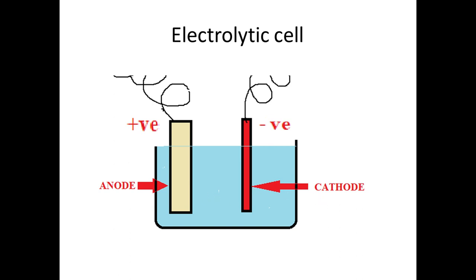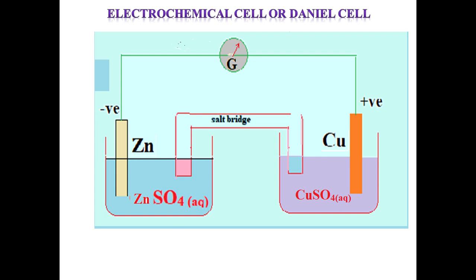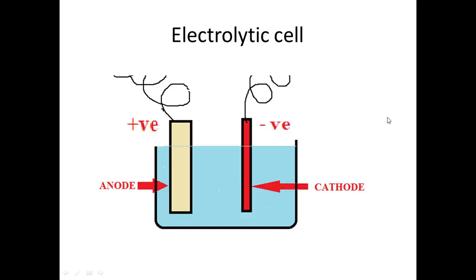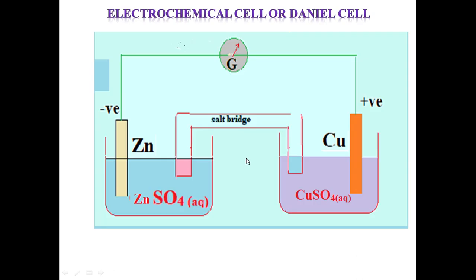While in case of an electrochemical cell, there are two separate containers for each electrode. The second difference is that there is no salt bridge, because both the electrodes are dipped inside a single container, while there is a salt bridge to connect these two half cells.